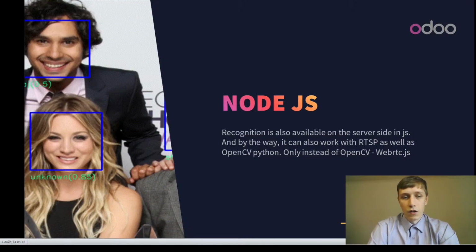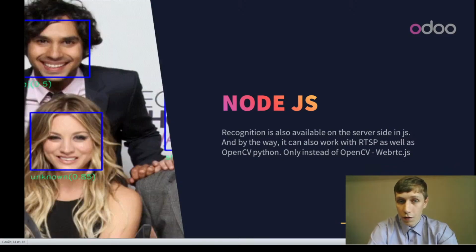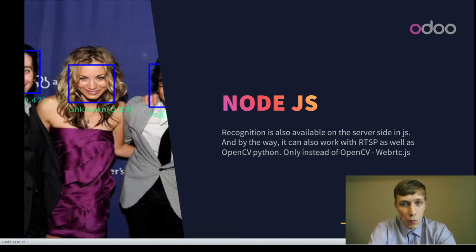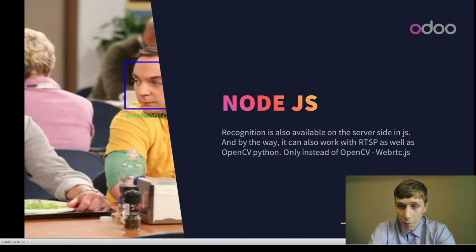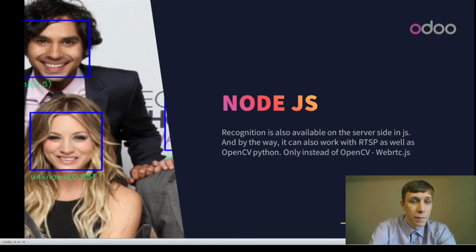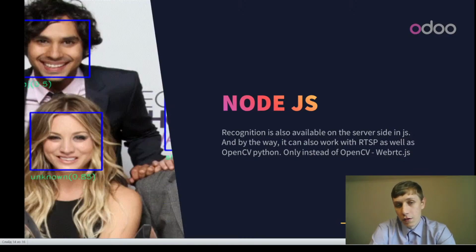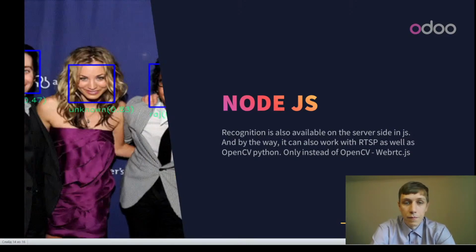Face recognition on the server is also available in JavaScript. And by the way, it can also work with RTSP cameras, as well as OpenCV Python. Only instead of OpenCV JavaScript, we can use WebRTC.js.